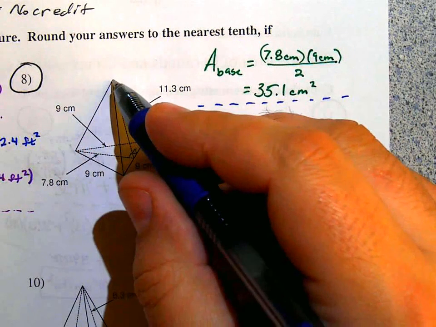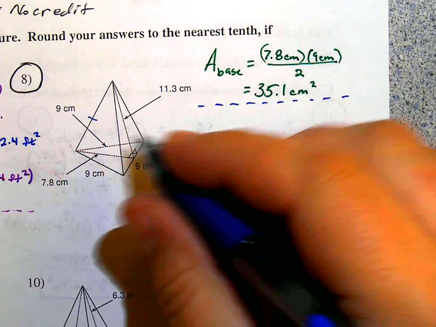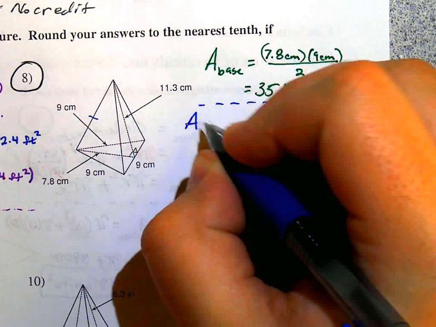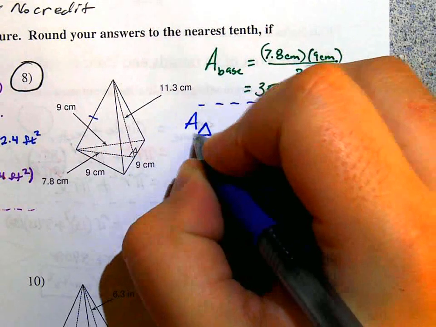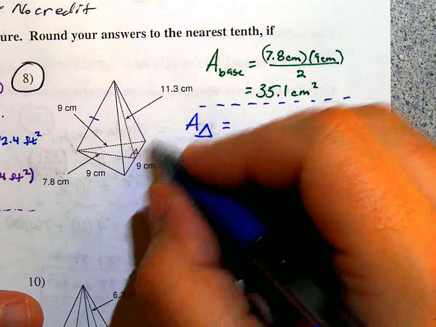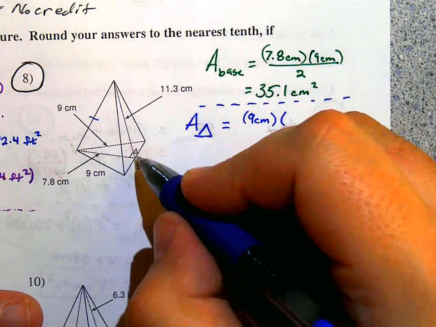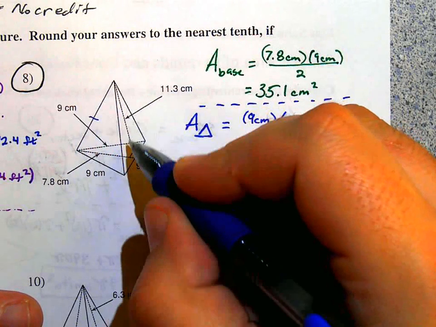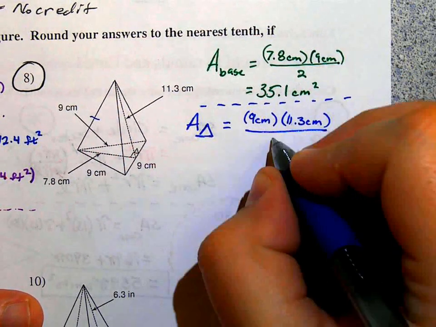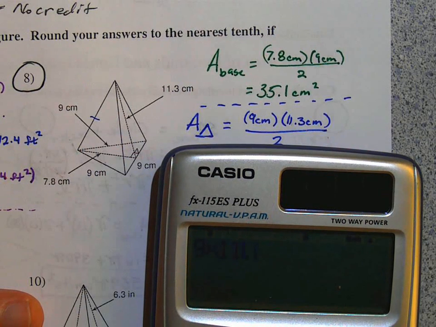Okay, so let's look at the area of these triangles. Now, are these triangles going to be the same? Sure they are. They've each got 9 for the base, and they're all meeting at the same point, which tells me that they're going to share sides, and therefore we know that all 3 of those shapes are going to be the same. So the area of one of these lateral faces here is going to be the base, which is 9 centimeters, times the height of that triangle. The height of that triangle is the slant height, 11.3 centimeters, divided by 2.